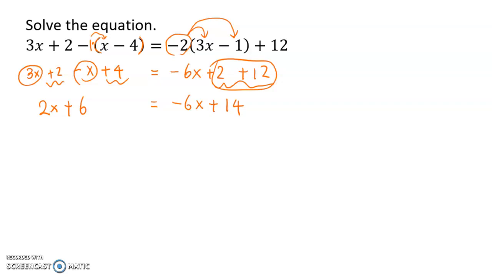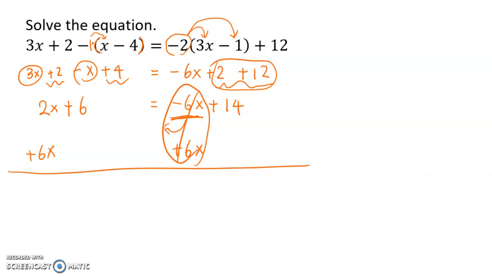Okay, so now we need to move all the x terms to one side and all the number terms to the other side. So let me move all the x terms to one side. I decide to move this negative 6x to the left side. So I will add 6x on both sides so that the negative 6x on the right side will be gone. That's 0, right? So that means we only have 14 on the right side. On the left side, we have 8x plus 6.